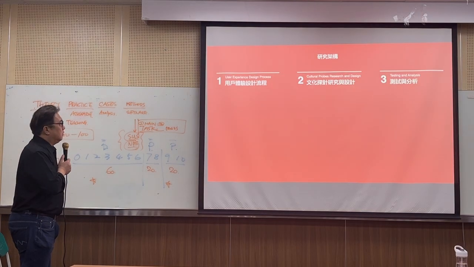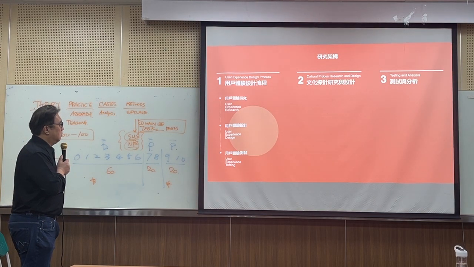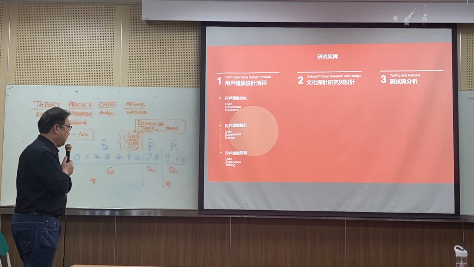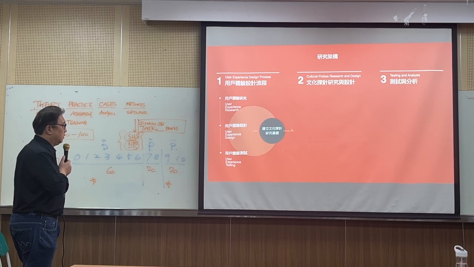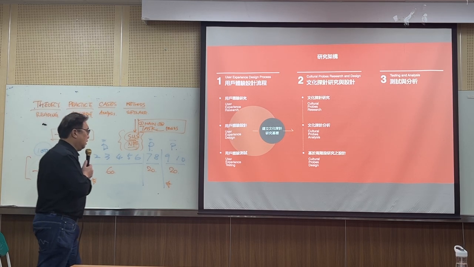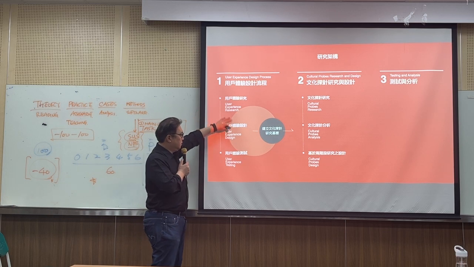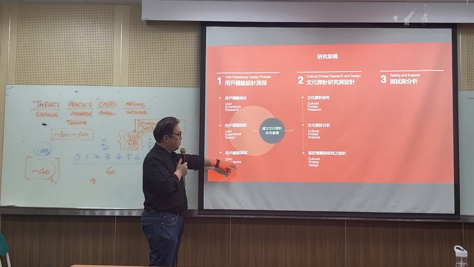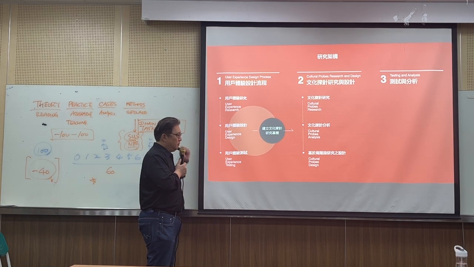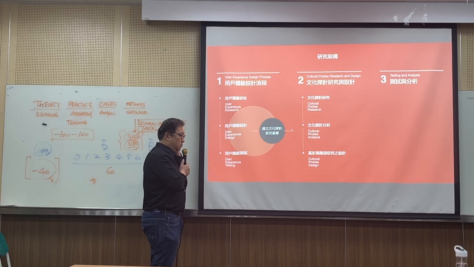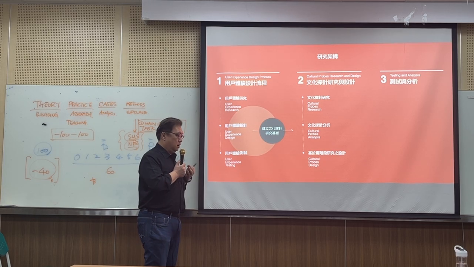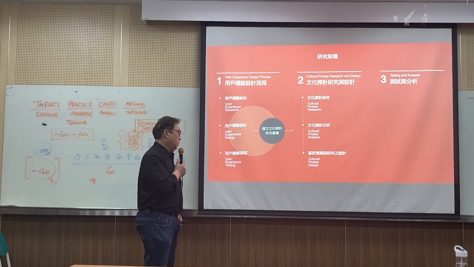The process is similar to our triple diamond. Because this was the first process, when we went through it, we realized we didn't actually come up with a really different result, just a kind of ordinary app design.